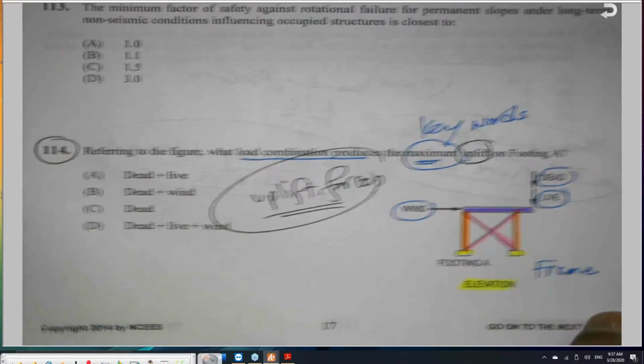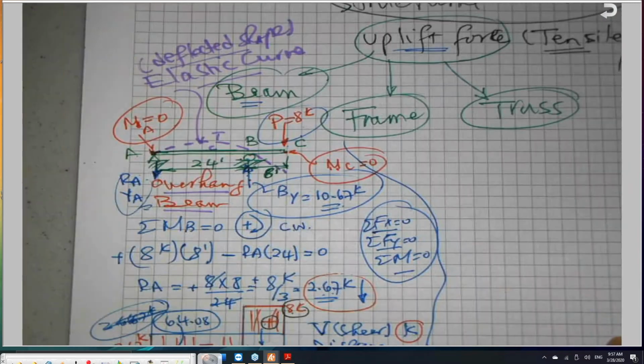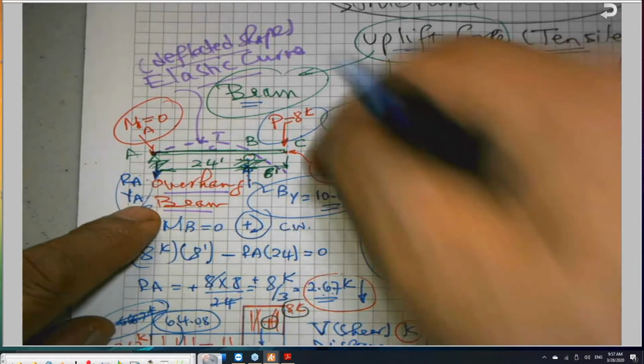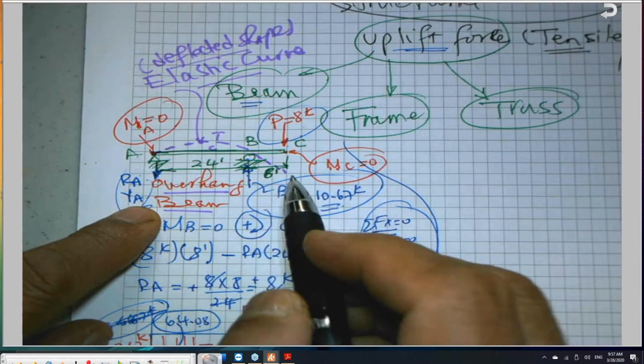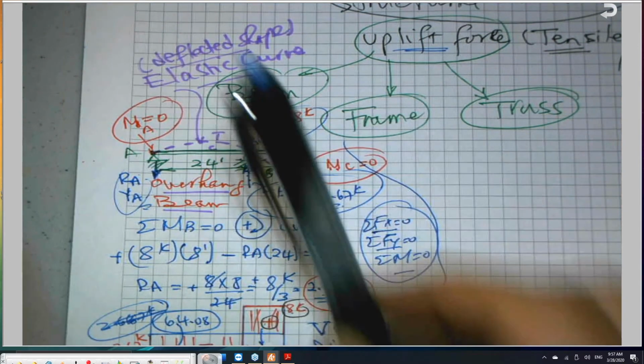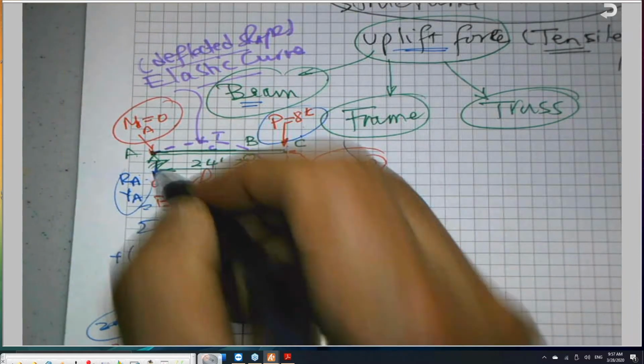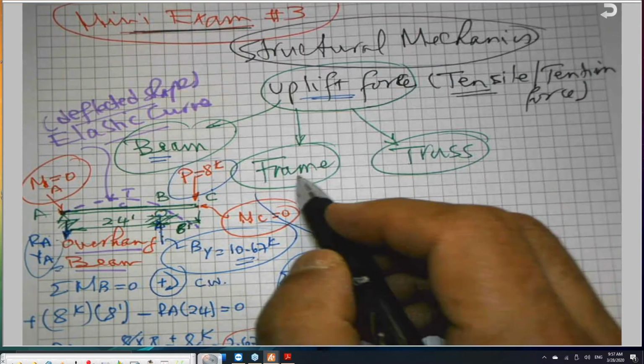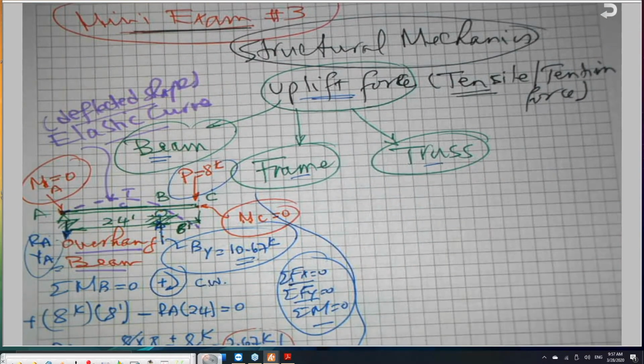So we said that uplift force is a tensile force, because I am pushing down on this beam and the beam is trying to go up. I need something to hold it down. So for frames and for trusses it will be the same thing.